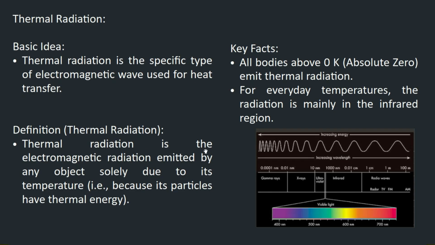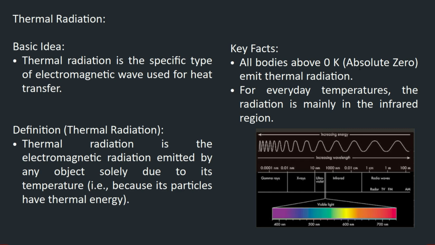Thermal radiation is the electromagnetic radiation emitted by any object solely due to its temperature. The key fact is that all bodies above 0 Kelvin, that is absolute zero, anything which has a value of minus 273 degrees Celsius or above, emits thermal radiation.